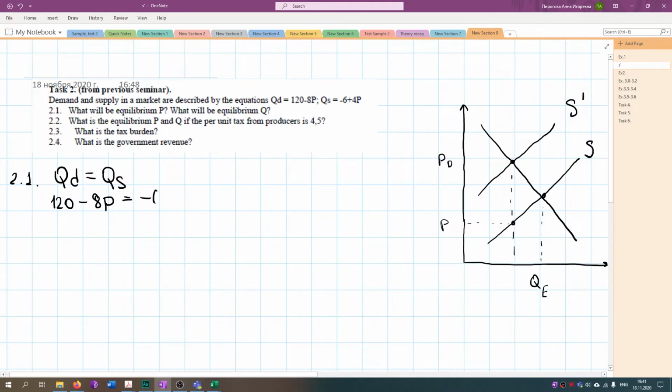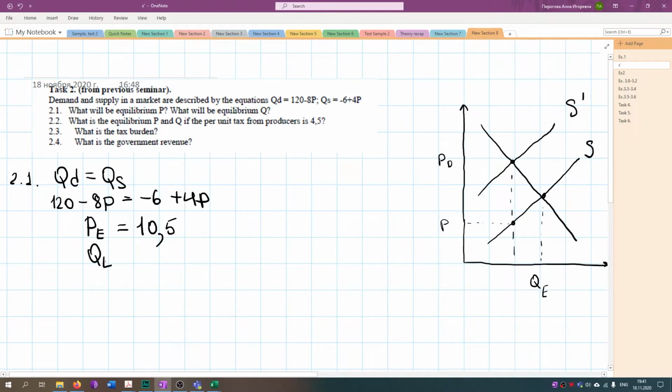quantities and find the price, which is equilibrium price, and in our case it is equal to 10.5.